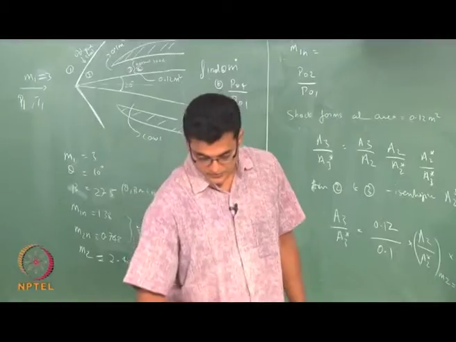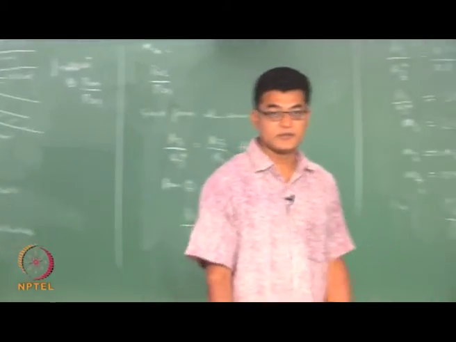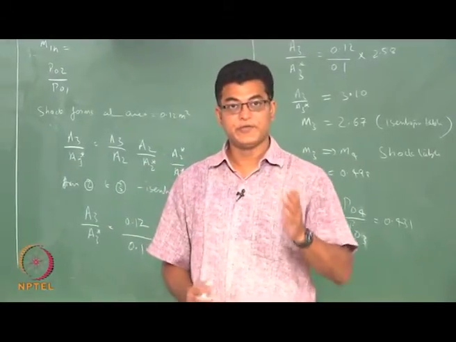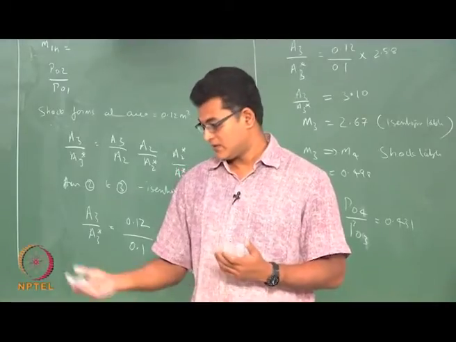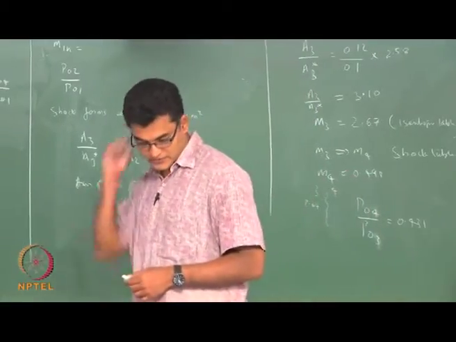So, you could devise your own examples with whatever we have discussed here. A series of oblique shocks is going to give a P0 recovery, as well as the other problems with the reflected and the other shock.